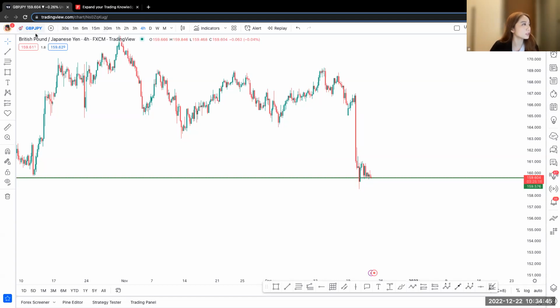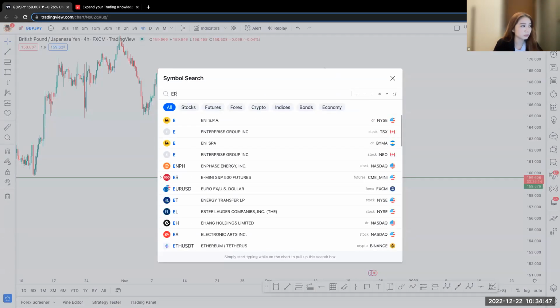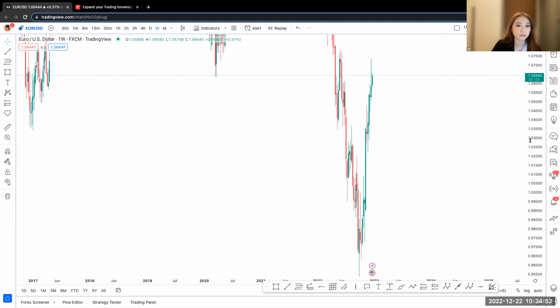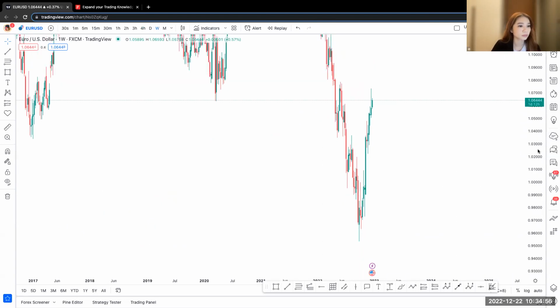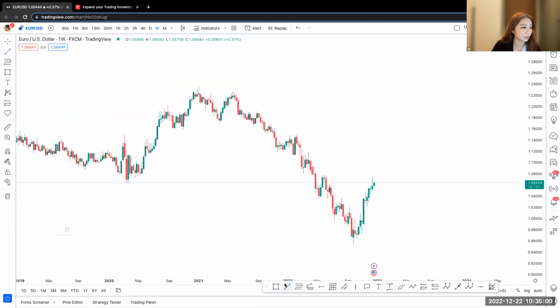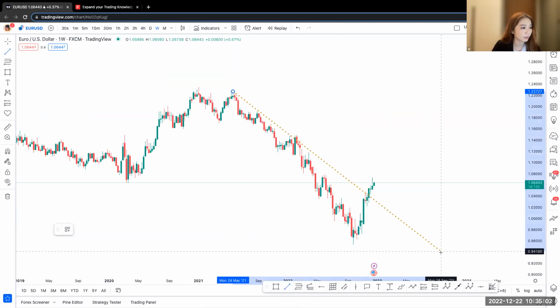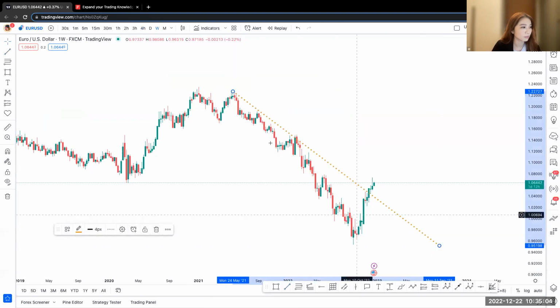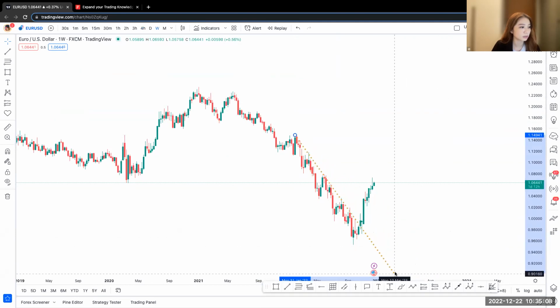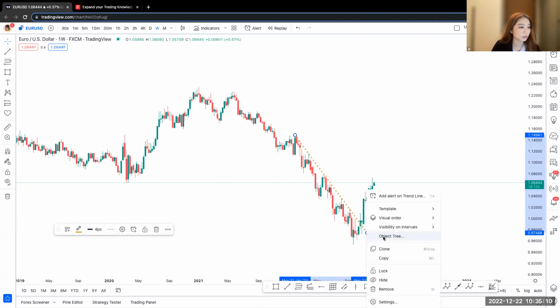Euro dollar. Okay, let's look at euro dollar. Previously it was at a downward moving trend, very obvious. Depending on how you want to draw a trend line, some people draw it this way. So it's closer.